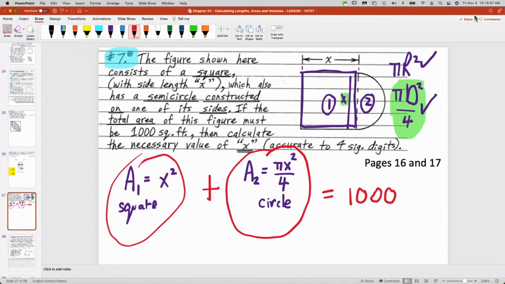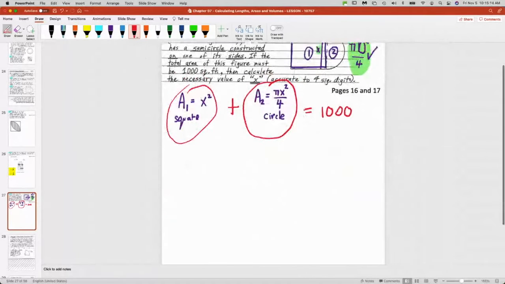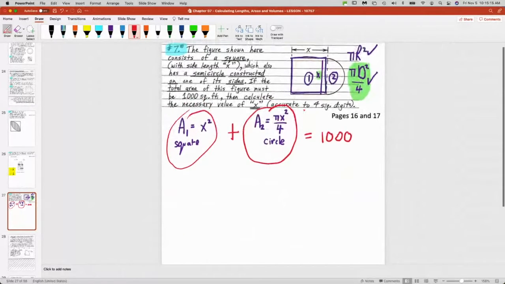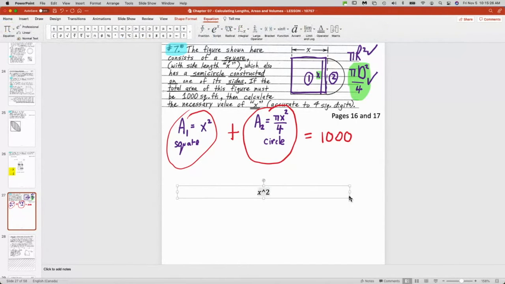And notice that the variable x appears, and we'll deal with that variable right now. I'm just going to zoom it out a little bit if anybody's drawing pictures. And let's go through this together. So we start off by writing x squared plus pi x squared over 4 equals 1,000.